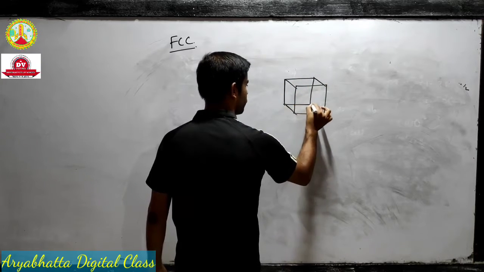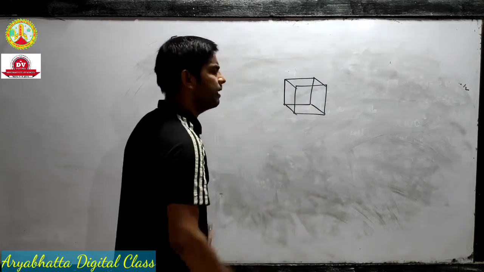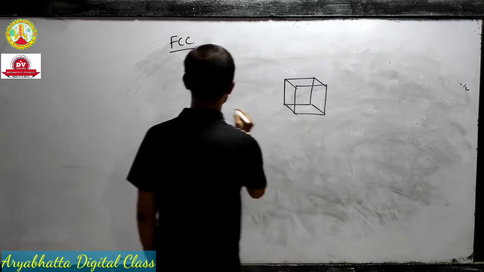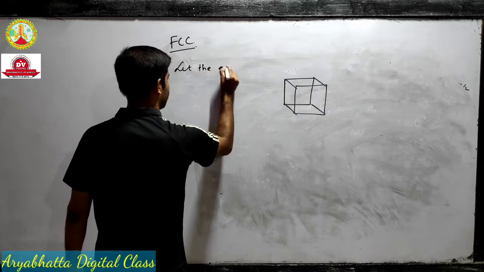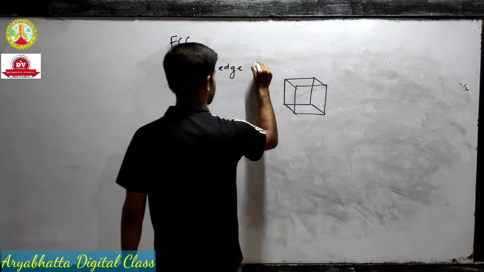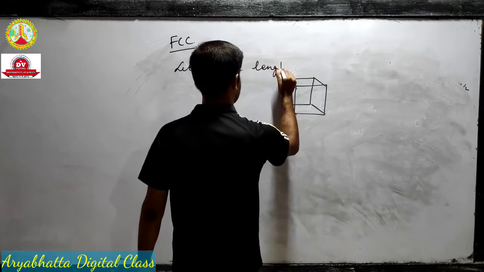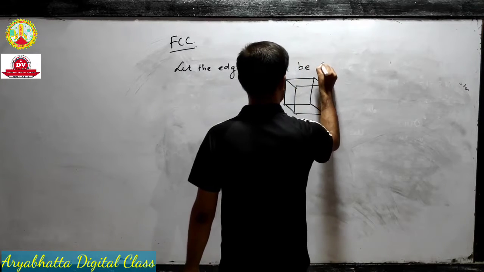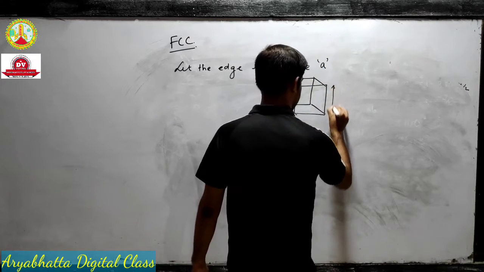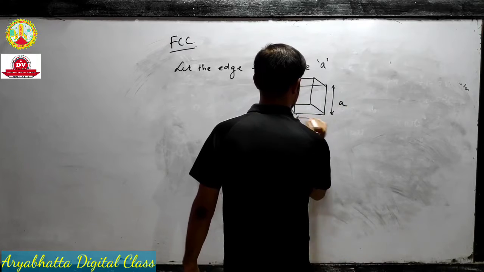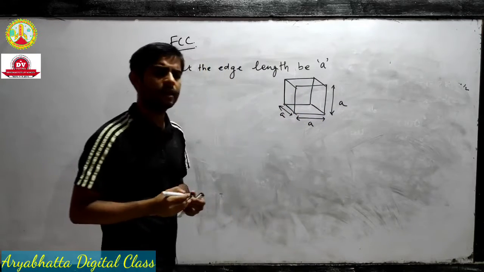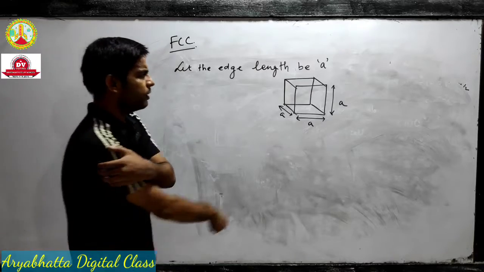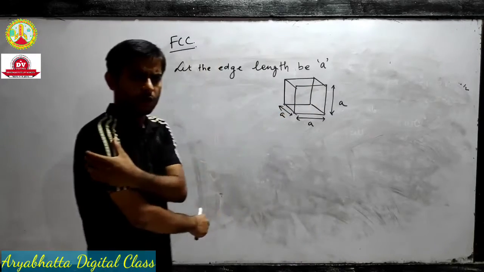Suppose this is our unit cell, and let the edge length be A. So this is a regular cube with all sides equal.